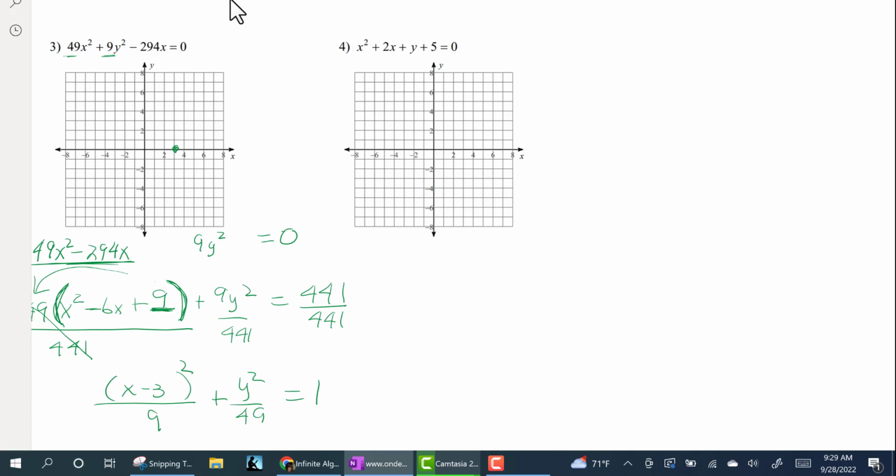So 1, 2, 3, and I'm going to put an arc, and then back 3, because we go the square root of this number to tell us how far to go left and right, and the square root of this number to tell us how far to go up and down. So from the center, we're going to go up 7 and put an arc, and then down 7.